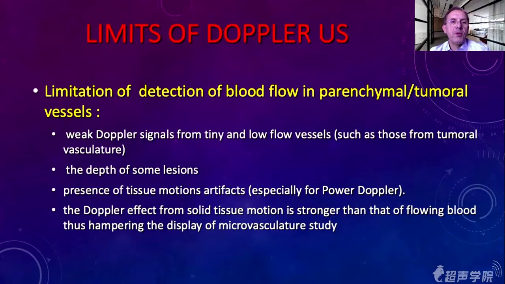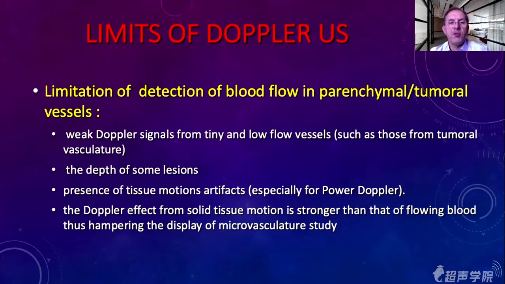We know also that Doppler ultrasound has some limits. It cannot detect weak Doppler signals from tiny and slow vessels, in lesions that have a higher depth. The detection of flow is very problematic.